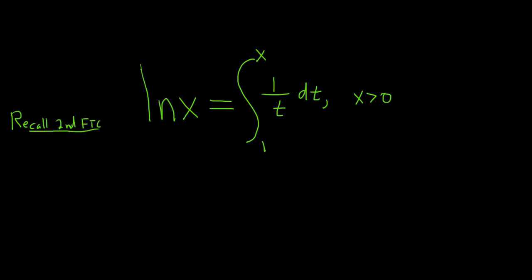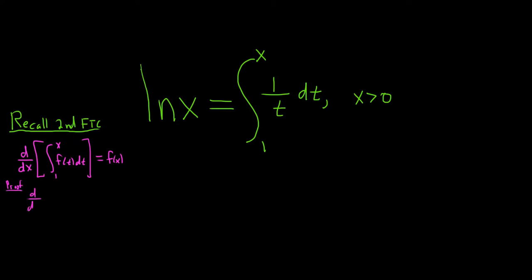The second FTC says if you take the derivative with respect to x of the definite integral from, let's say, 1 to x of f of t dt, that this is equal to f of x. It's a really simple proof. I don't want to reprove it, but maybe I will just to sketch it and highlight it.